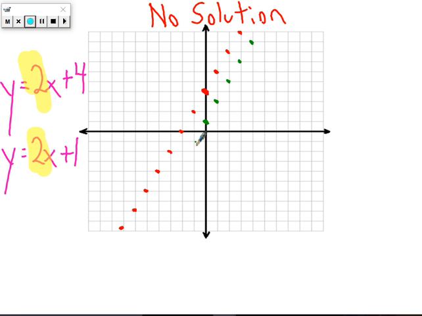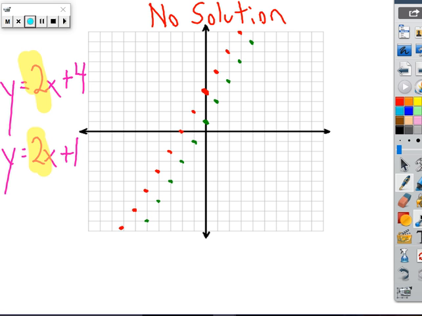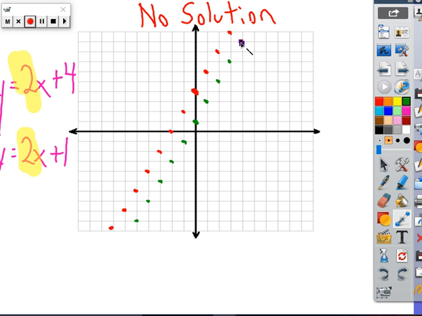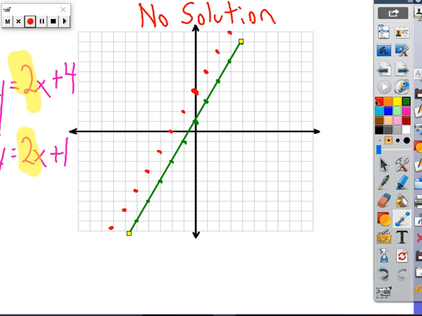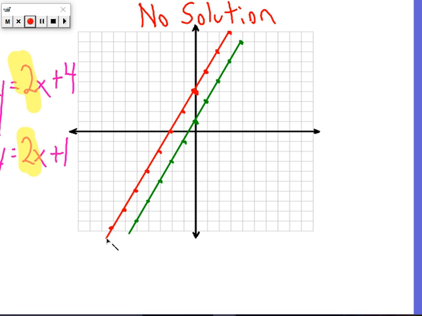And since the slope is the same, these two lines are parallel. And they will never cross. Okay? So you did write the 2 equations in your notes.